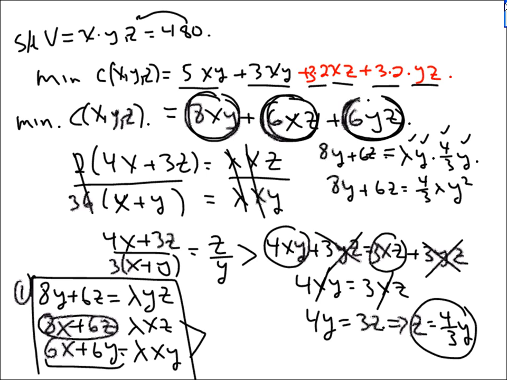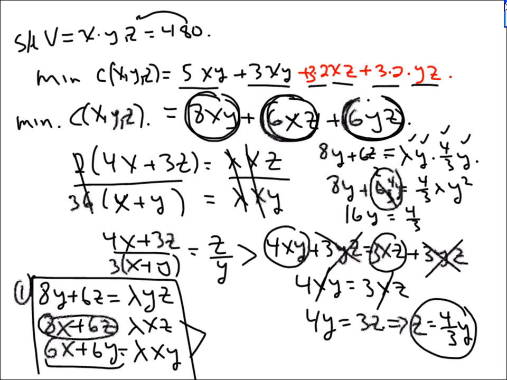And I know that z is 4/3 y. This becomes 8y. 3 goes into 6 2 times, 2 times 4 is 8. So 8y plus 8y is 16y.